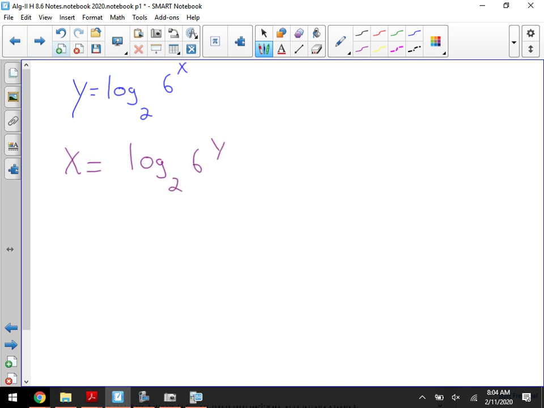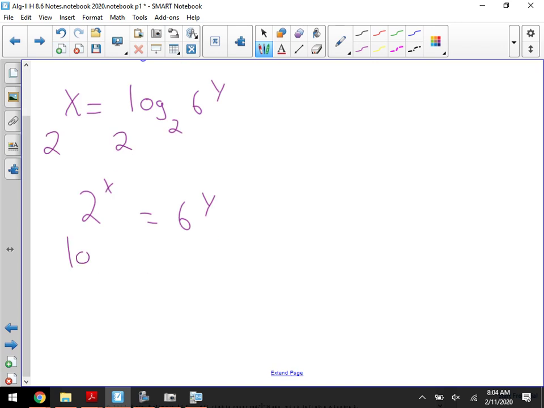And now to undo the log, you have to 2 it. So 2 to the x is 6 to the y. And now I have to get the y to drop, so now I have to log it. So you log base 6 of 2 to the x is y.